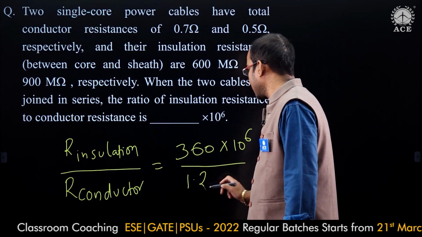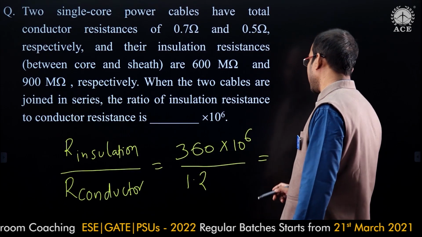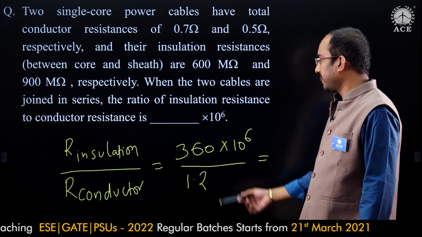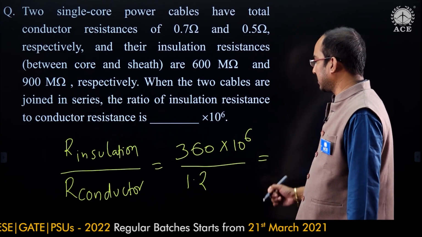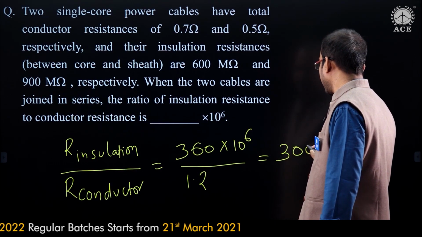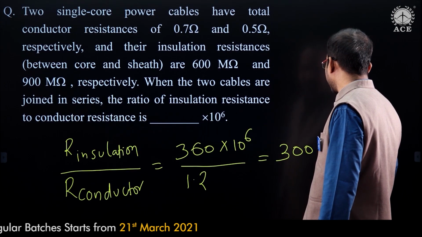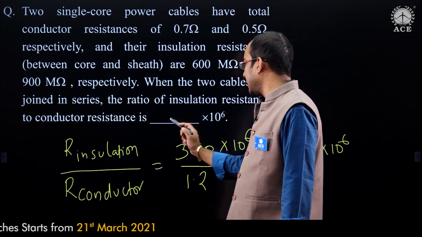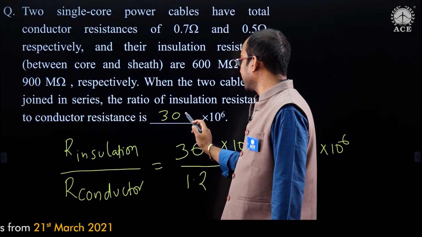If you simplify this, we will get the value as 300 into 10 power 6. So, the answer is 300.